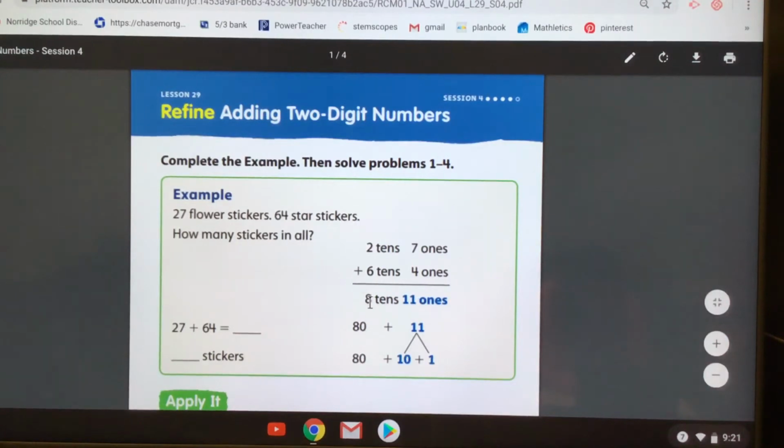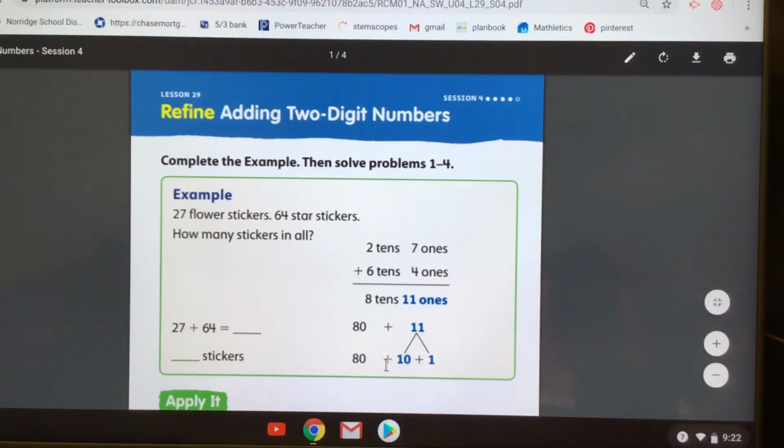Okay, our answer is not 811. Because we have a 10 here, we need to bring that over to our 10s group. So when you're adding 80 plus 11, you need to break apart the 11 into 1 10 and 1 1. So you're really adding 3 numbers now.